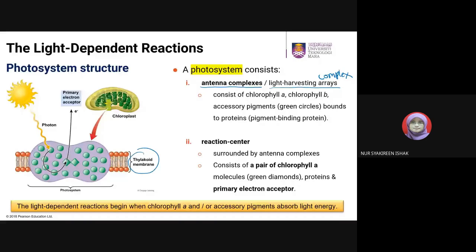They are all the same. It consists of chlorophyll A, chlorophyll B, and also accessory pigments, which in this picture are represented by green circles, bound to protein, which is the pigment binding protein. The purple color is the pigment binding protein.